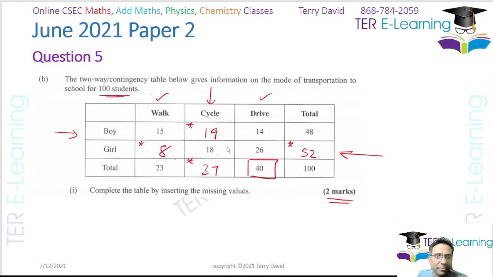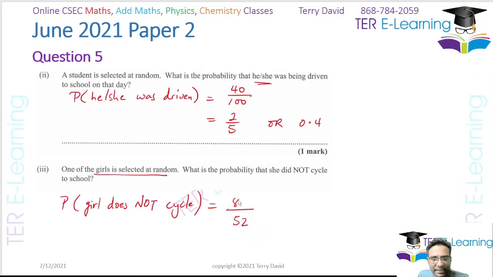Now we need to look at the table and see how many girls did not cycle. So we're looking at this 8 here and this 26. So 8 and 26, we need to add up those two figures. So this is really 8 plus 26, and that's going to give me 34.